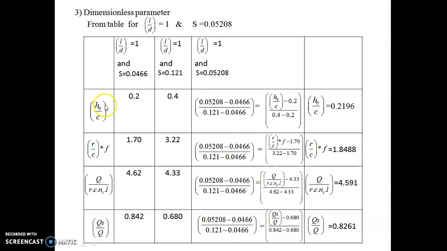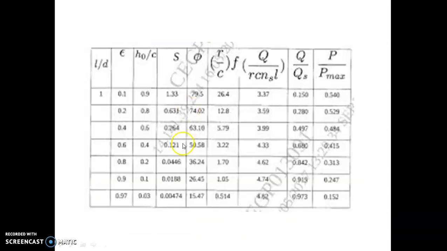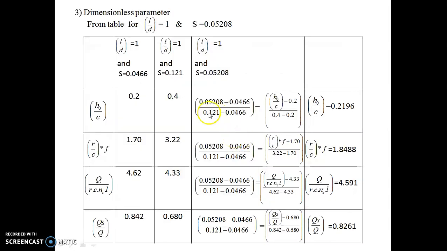For h naught by C, R upon C into f, Q upon RC Ns L and Qs upon Q, we will do the interpolation. So we have written these values, h naught by C 0.2, 0.4, 1.7, 3.22, 4.62 and 4.33. All these values are written here.